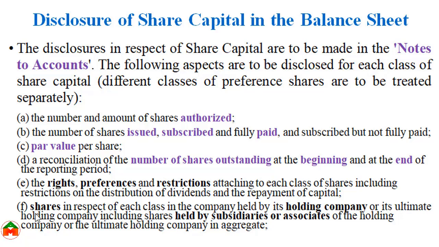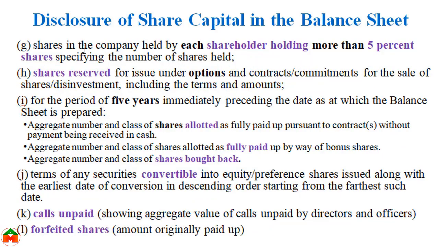Then you can also disclose the shares in respect of each class in the company held by the holding company as well as the subsidiary company. And you have to also mention those shareholders who have shareholding more than 5% of the total capital.